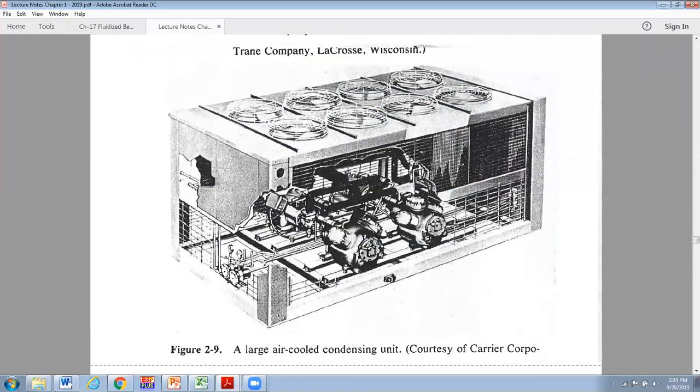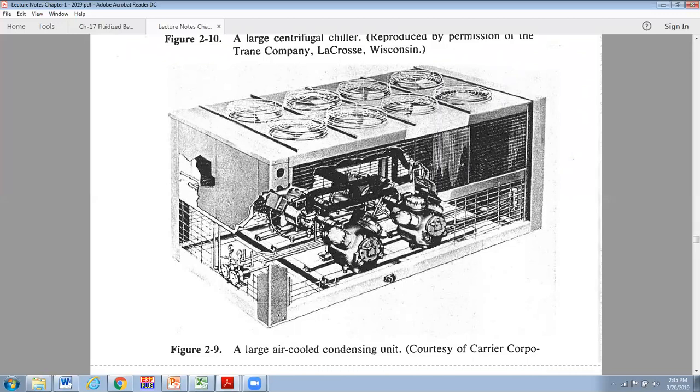What is this? This is an air-cooled condensing unit. So it's like for a split system, this would compress and condense refrigerant that could be sent out to evaporators located remotely in a facility. They can make these things large. And you see, there's no cooling tower.